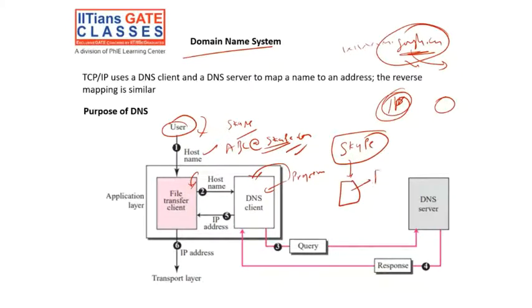There is one more program, one more file of the program, where the DNS client will be, right? So they will send this host name to the DNS client. Then when we run the DNS client, in the DNS client we know the IP of the DNS server. In that DNS client, the IP of the DNS server is there, right?